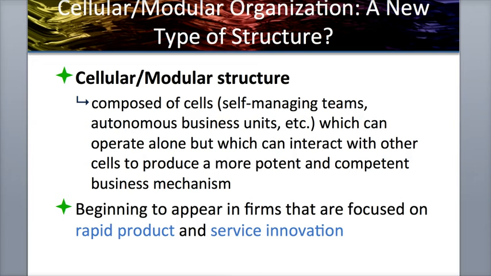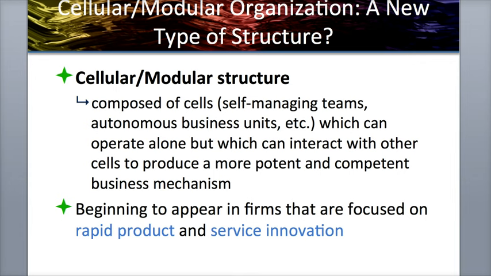So a cellular module will be a group of managers or a business team in one particular area, providing coverage for that area. Managers are given control of a particular process or location, and then they're self-managed. They're autonomous business units that operate alone and they're more nimble. They can make decisions more quickly.